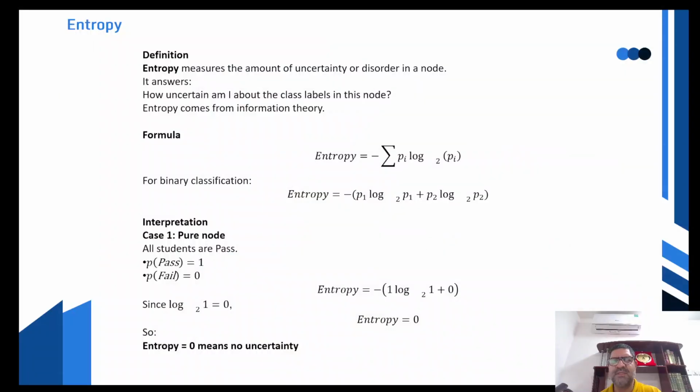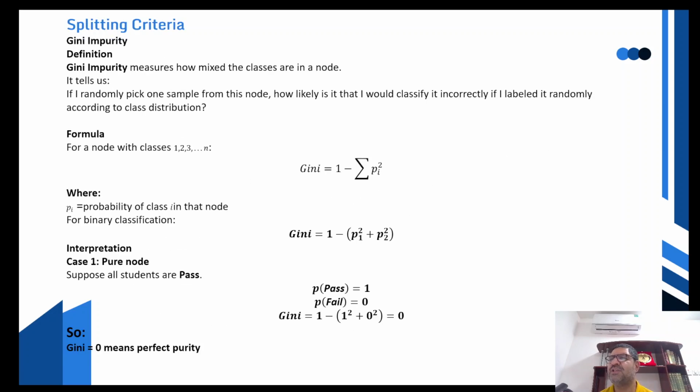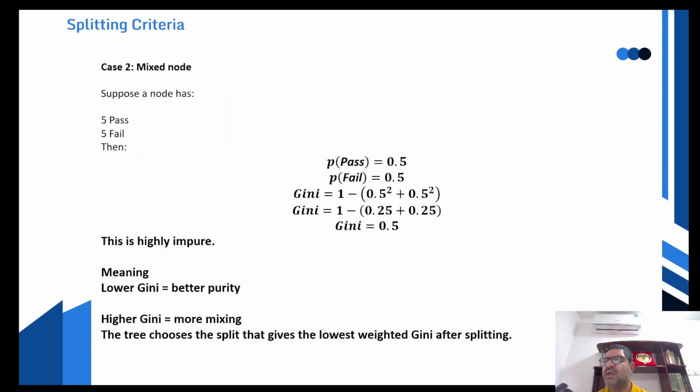So let me just go to the same point where we left. If you see this particular slide, it is on entropy, and before this we had discussed Gini impurity, and then we had taken two cases: case one, which was a pure node, and case two, which was a mixed node, which we designated as highly impure.